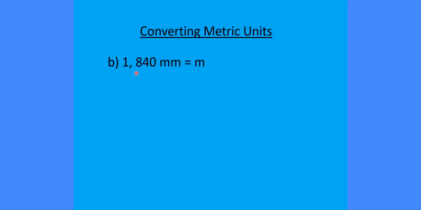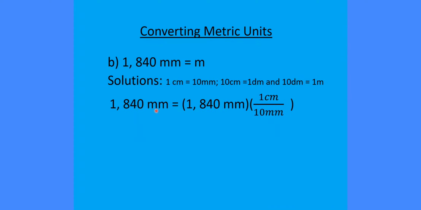Example B: 1840 millimeters will be converted into meter. Solution: 1 centimeter is 10 millimeters, 10 centimeters is 1 decimeter, and 10 decimeters is 1 meter. The given value 1840 will be multiplied by the ratio 1 centimeter over 10 millimeters. Cancel out the unit millimeters; the unit remaining is centimeter.